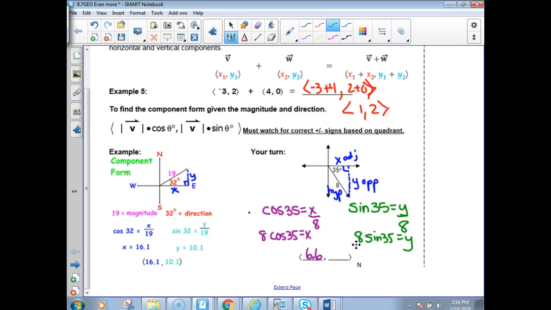Now, that's negative because we're in the fourth quadrant, so it'd be negative 4.6. The calculator's not going to tell you the right plus or minus sign. You're going to get 4.6. You have to realize you're in quadrant 4, so y is negative in that quadrant. It's like if you were plotting a point.